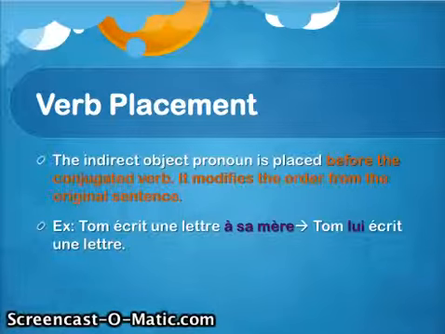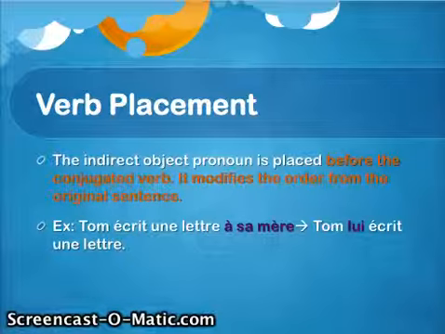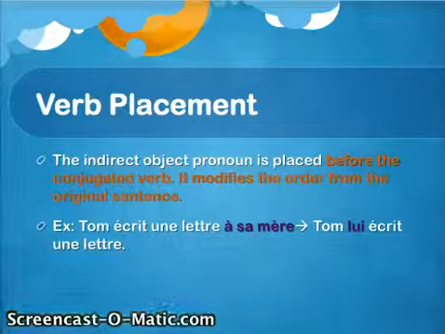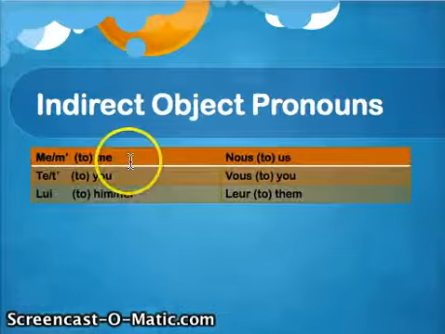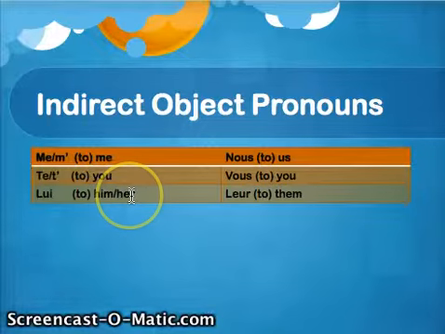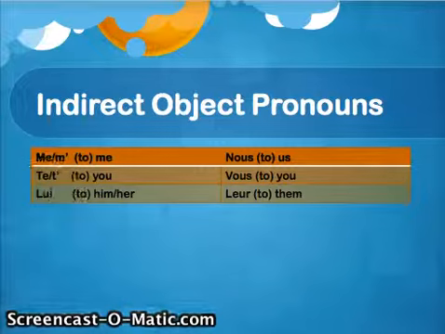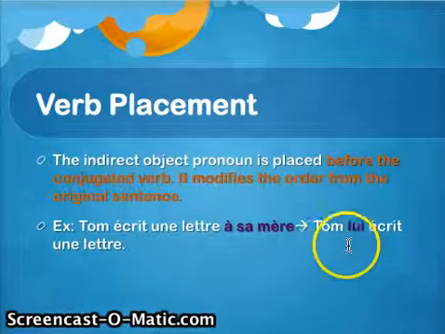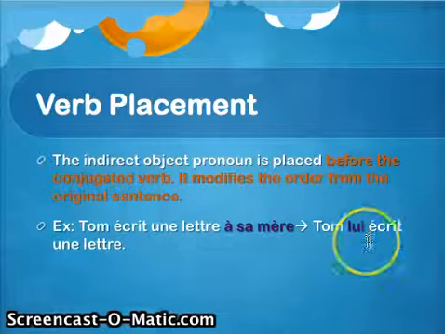Because you will simply replace the recipient by a pronoun. So for example, Tom écrit une lettre à sa mère. Tom writes a letter to his mom, or Tom writes his mom a letter. The recipient is his mom, à sa mère. And because we already know from this table right here that the recipient, whether male or female, can be replaced by the pronoun lui, therefore, you will place your pronoun right before your conjugated verb.